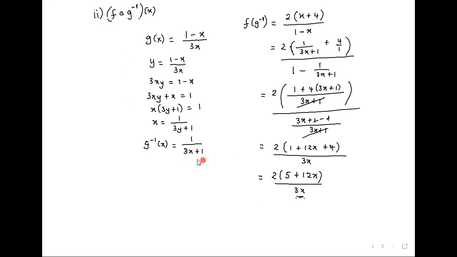Sir, on the inverse of g, 1 over 3x plus 1, can't we get rid of the fraction by cancelling the 1 on top and the 1 in the denominator, so we just remain with 3x? So how would the 3x be standing?